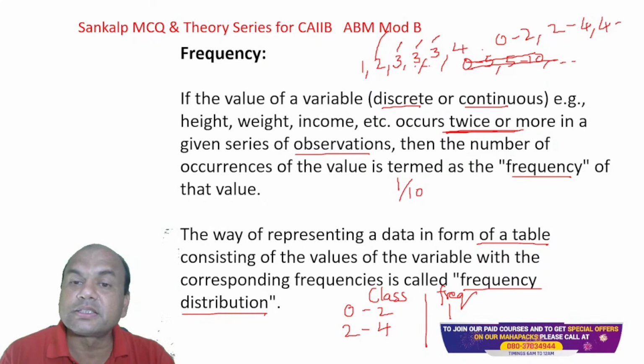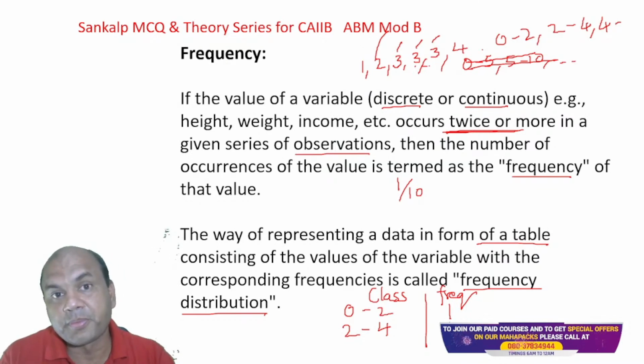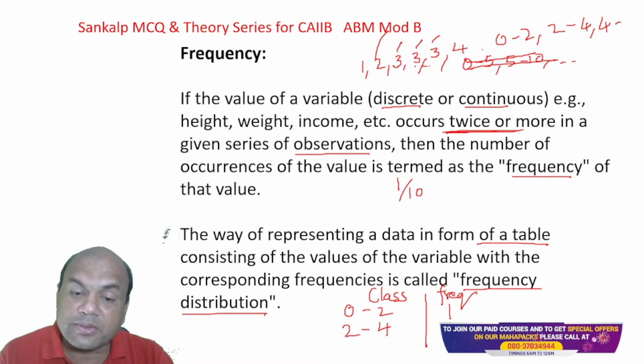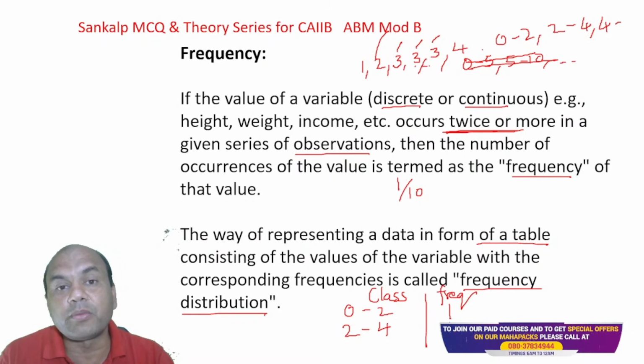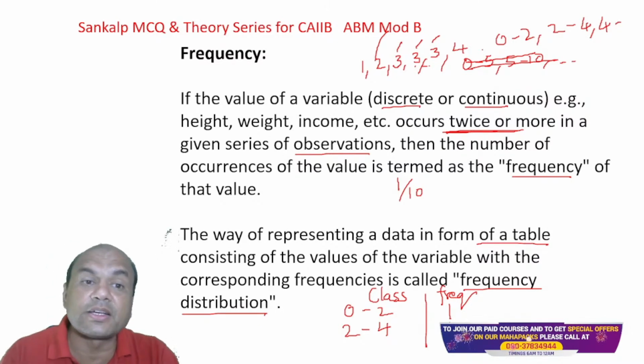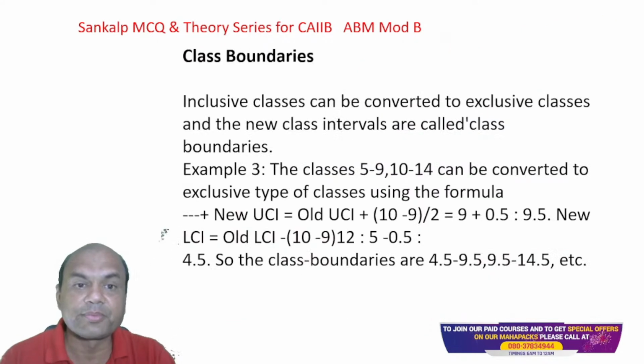So this is 4 times, and this is known as a frequency. This table is known as a frequency distribution table, in which I arrange the data in proper manner, representing the frequency in the form of a table so that it is easily understood.